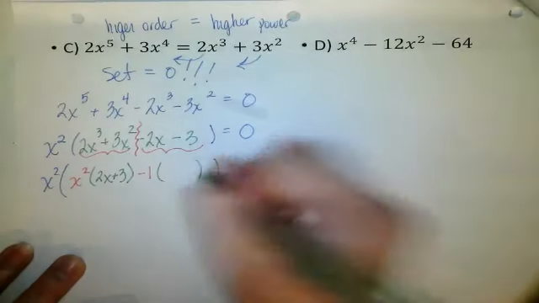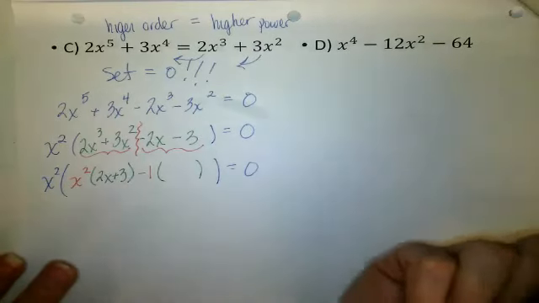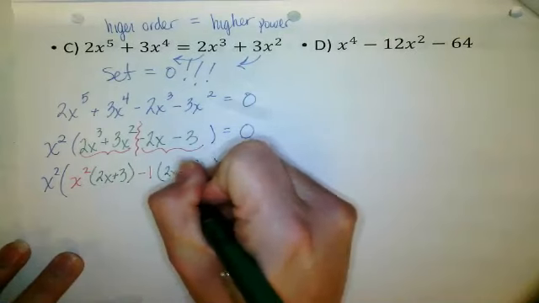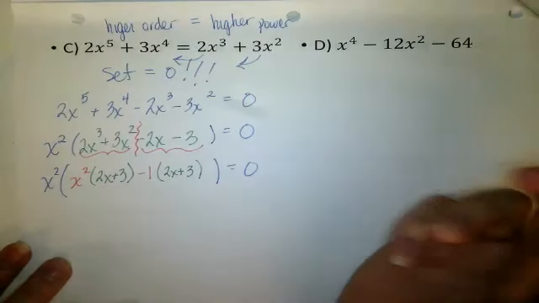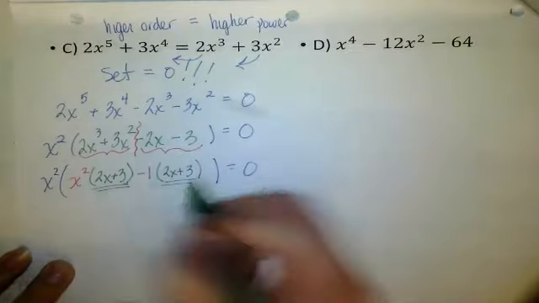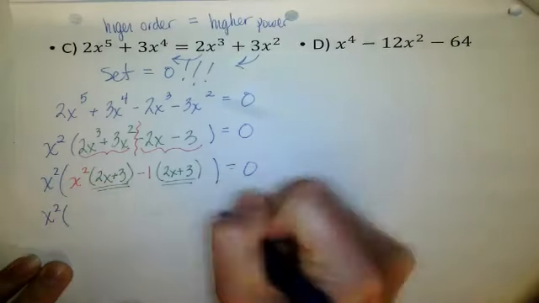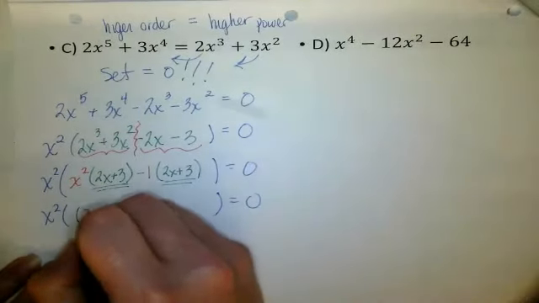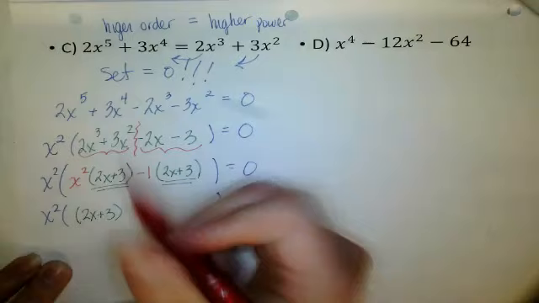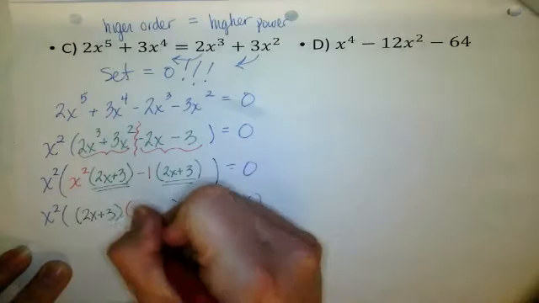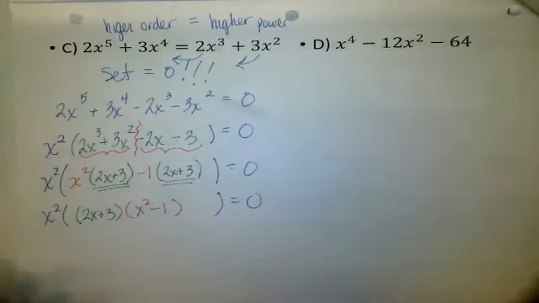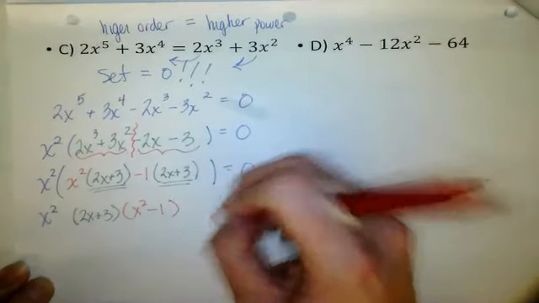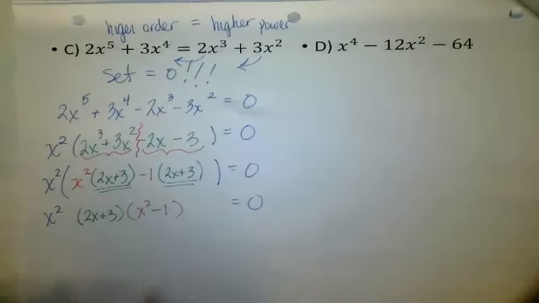Because you always have to take out something, you could always take out a positive 1. In this case, a negative 1. And then what's left behind? 2x plus 3. And then one more time here, we have our greatest common factor of 2x plus 3. What's left behind? X squared minus 1. All these things are just being multiplied together, so maybe I don't need to write that. There it is.